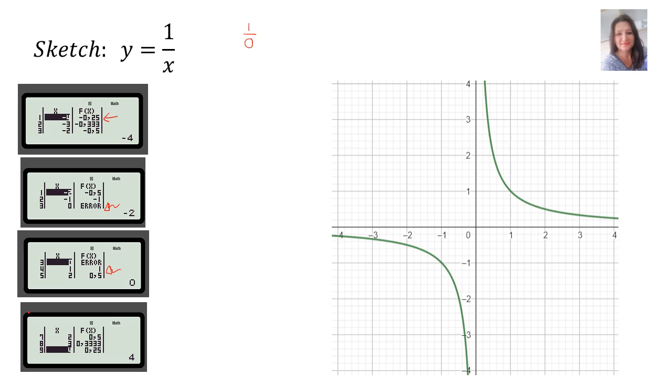Since a was positive, this is how I knew that my graph will live in the first and the third quadrant. Then you must remember to put your arrows on your graph. And there's also a very important thing that you will find here. If you zoom in on the y-axis, can you see that the graph doesn't cut the axis?